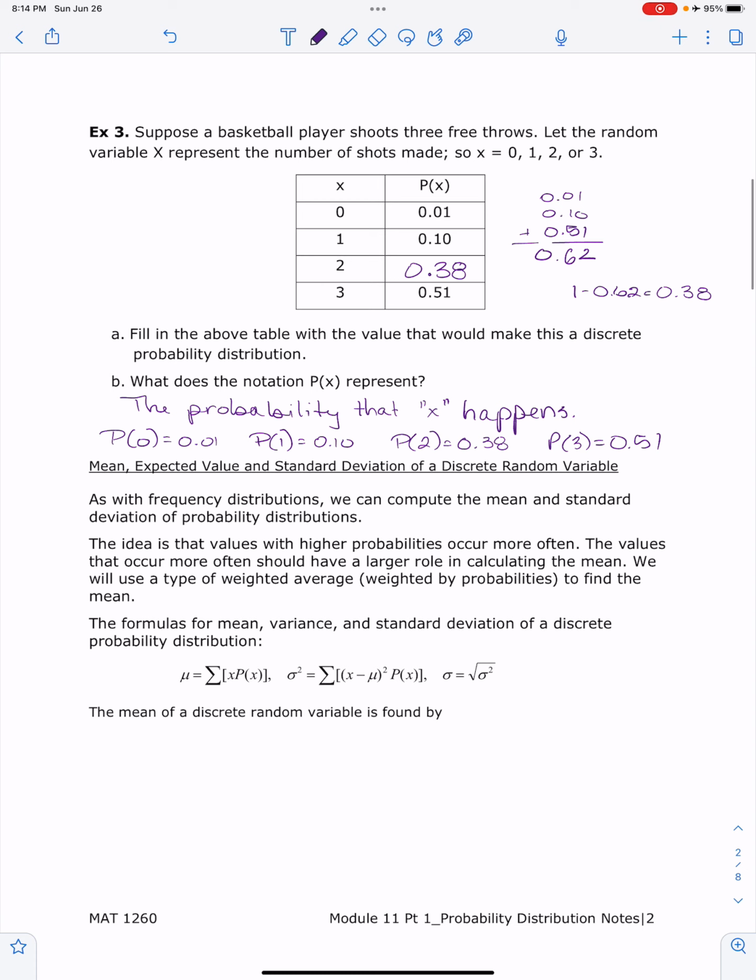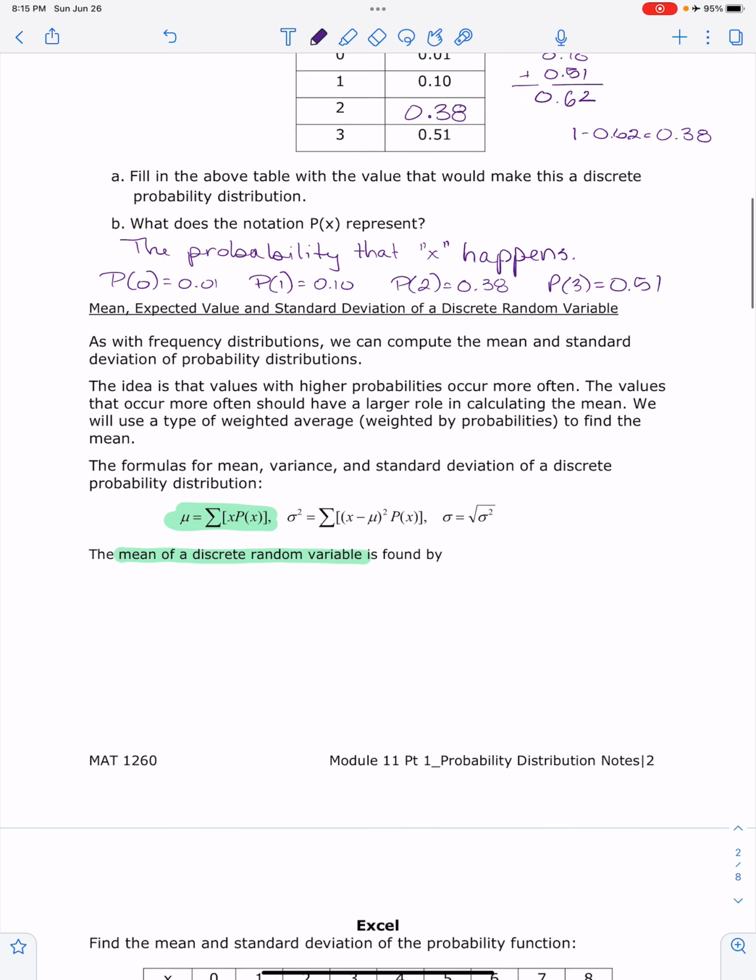So we find the mean of a discrete random variable using this formula. Remember, mu is what we call the mean. The sigma means sum, we're adding everything together. X is our value, and P of X is the probability.